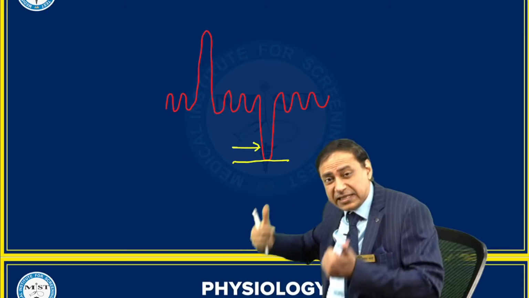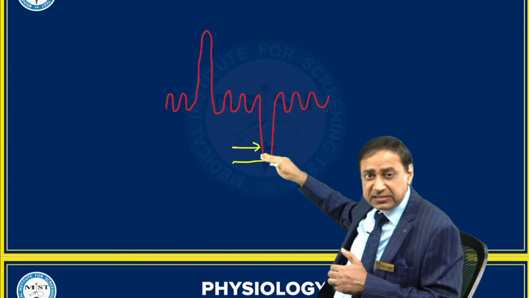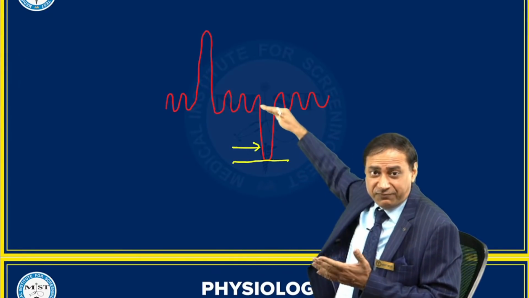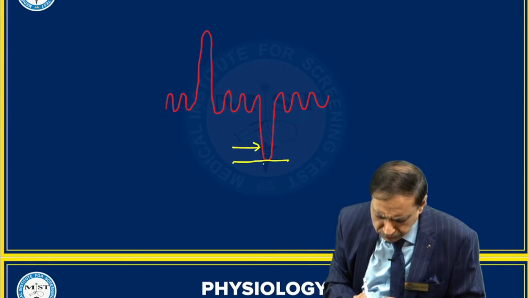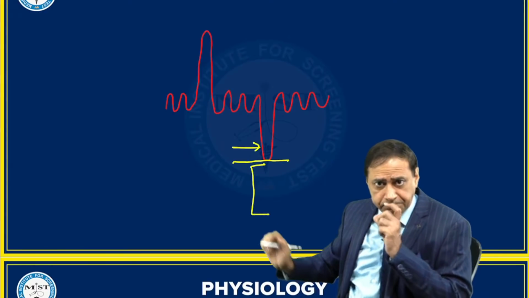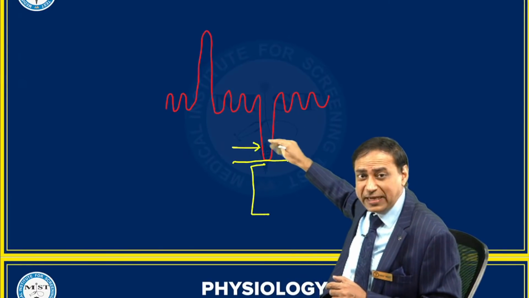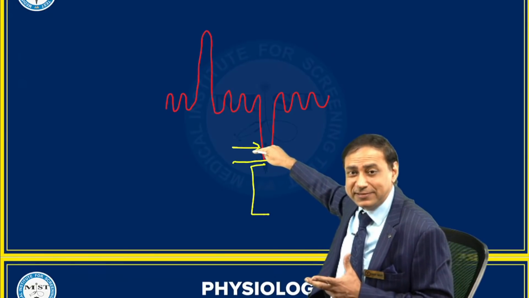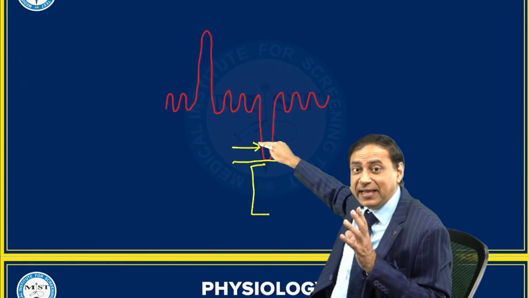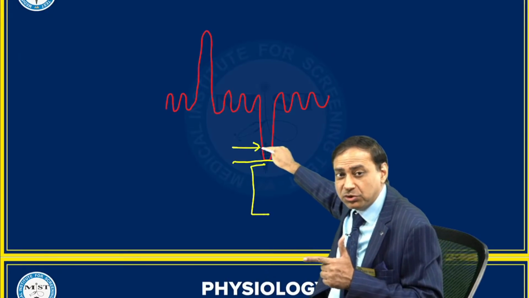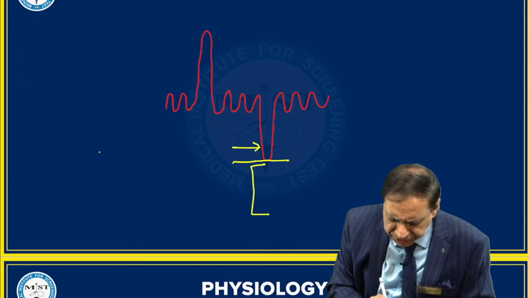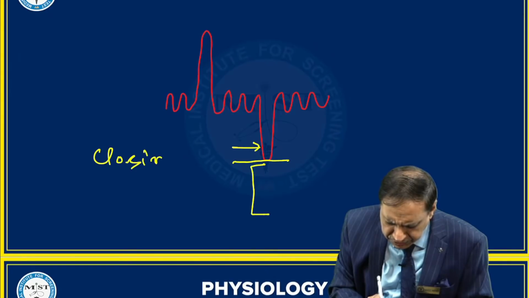As I do expiration, when I do forced expiration, you will go up to this residual volume. As I do expiration, a stage comes where the alveoli in the lower dependent part of the lung close. So this is the closing volume stage.